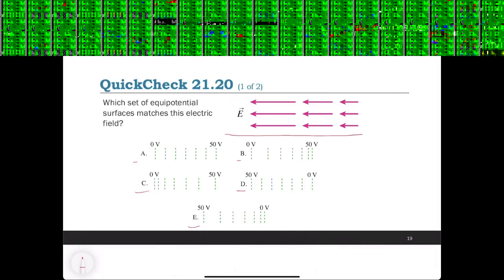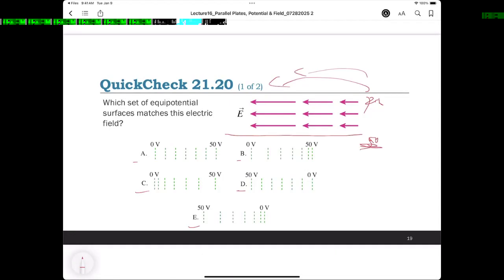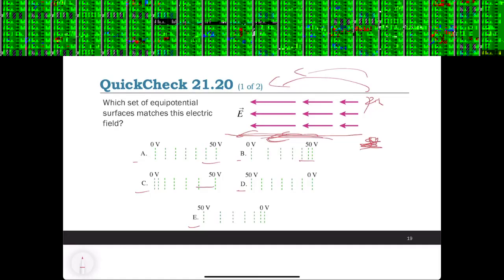We know the electric field should go from positive to negative, am I right? So here it should be positive and then decrease toward that one. Does it make sense to you? So this one and this one are right, those three.